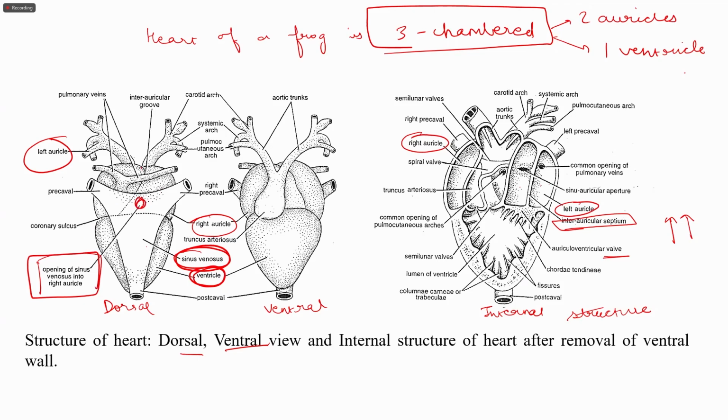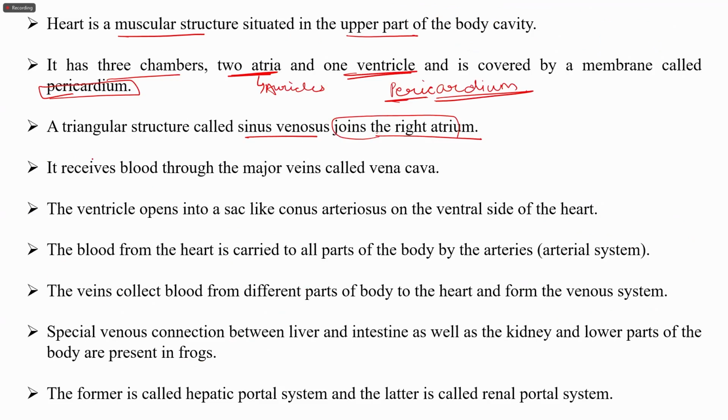If I mark it here, just to show you: this is the left auricle, this is the right auricle, and this is the ventricle. The opening of the sinus venosus is present in the right auricle. This triangular structure called the sinus venosus joins the right atrium.